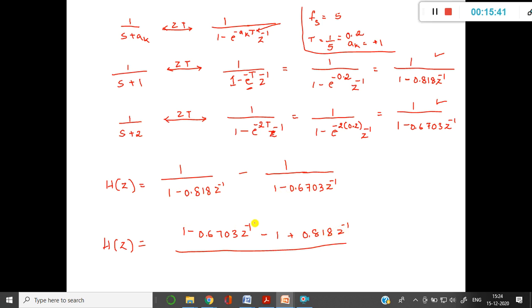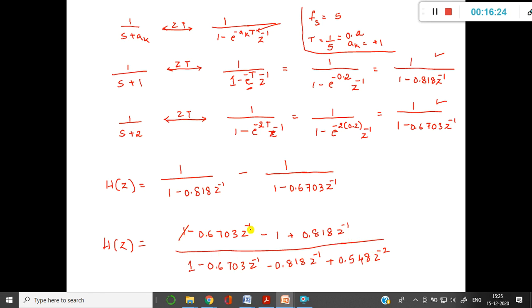So let me multiply this. 1 into 1 is 1, this is minus 0.6703 z inverse. Next, minus 0.818 z inverse, minus into minus plus 0.818 into 0.6703, we're going to get 0.548 into z to the power of minus 2.